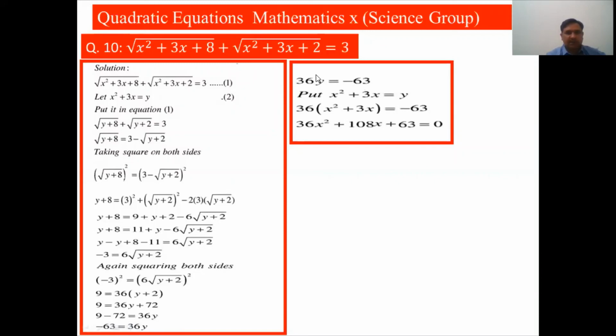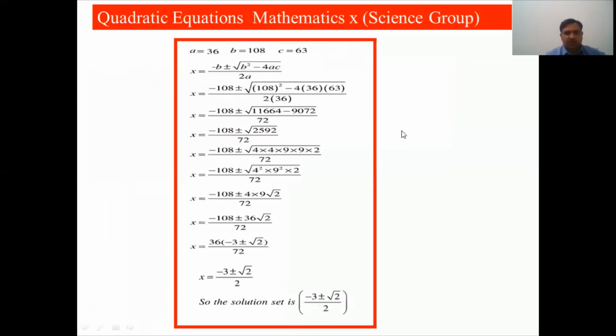Now we have to replace the value of y, which is x square plus 3x. So after replacing the value, we have 36x square plus 108x, and when we shift this minus 63 to the left hand side of the equation, we have plus 63. Now we use the quadratic formula to solve this quadratic equation. Here a is equal to 36, b is equal to 108, and c is equal to 63.